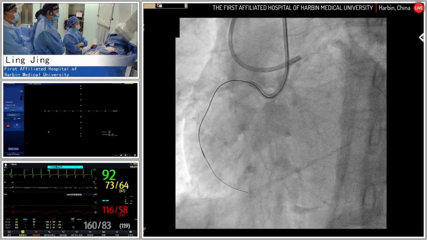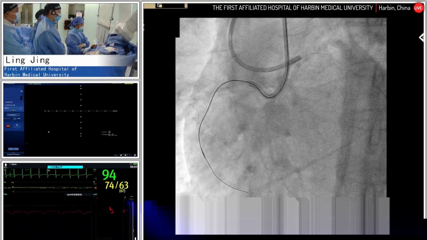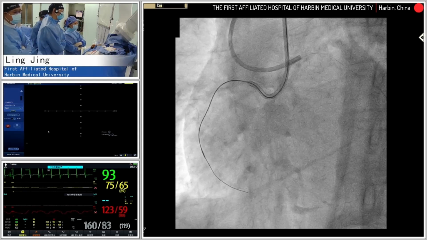Could you give us some general introduction of your personal experience of how to apply the wire escalation technique? Because you just mentioned you used XTA and then switched to the Gaia First wire. Why do you perform these strategies?